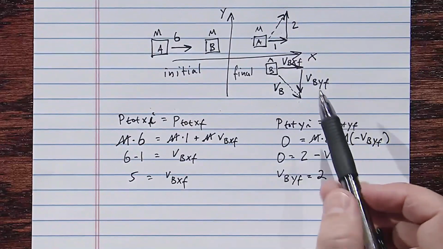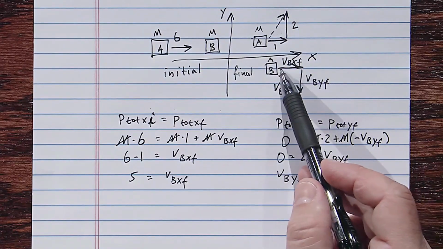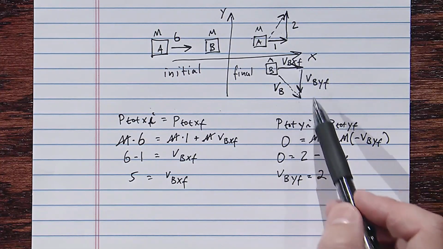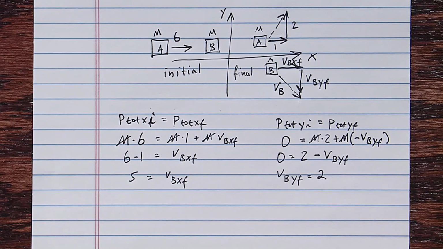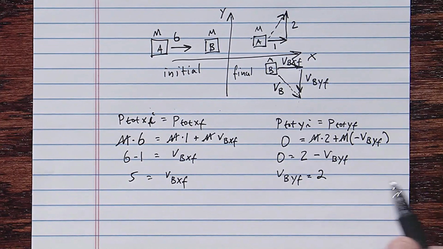Now those are our components of V_B. We have 5 meters per second in the positive x direction and 2 meters per second in the negative y direction.